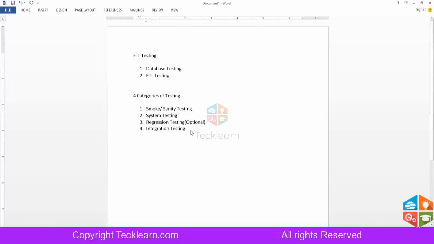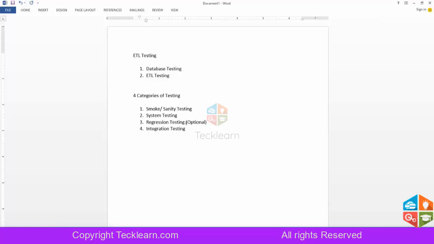So these are the 4 testing categories that we do, the 4 test matrices which we prepare and then perform testing on the ETL solution. I will tell you about each of these testings. These are the 4 testing categories we perform in any industry as part of ETL testing.